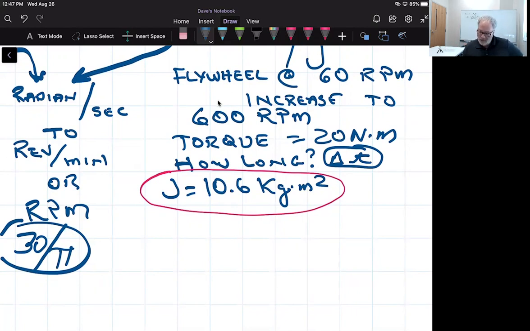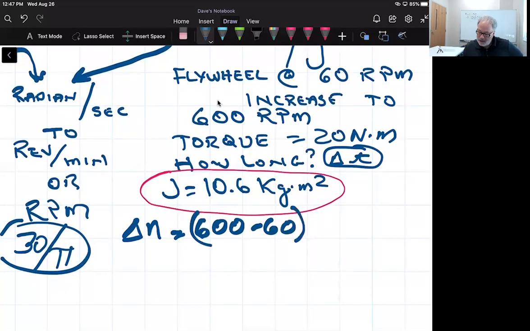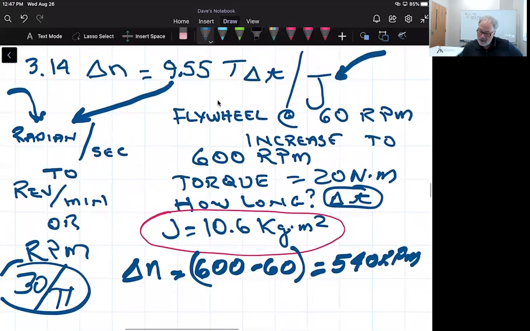To work this problem, the first thing we have to determine is delta N, the change in speed. It's going from 60 to 600, so that change of speed is equal to 540 RPMs. And that's going to go into the equation.